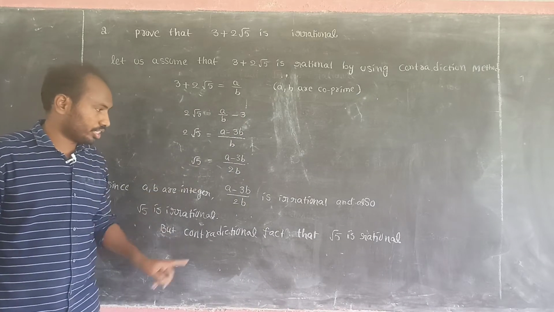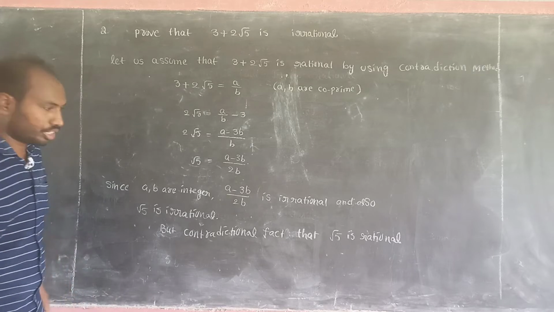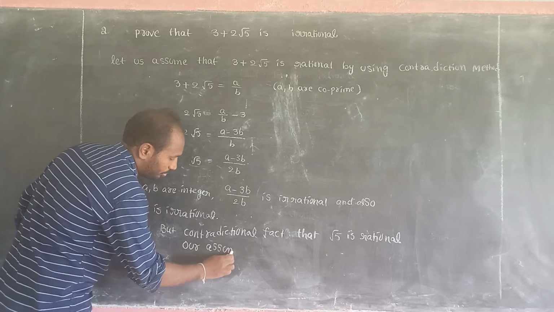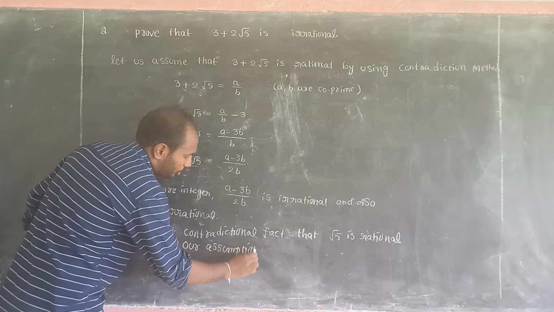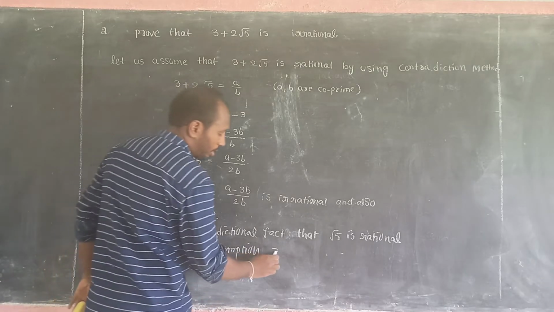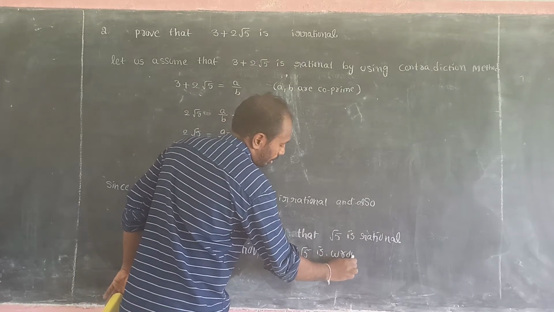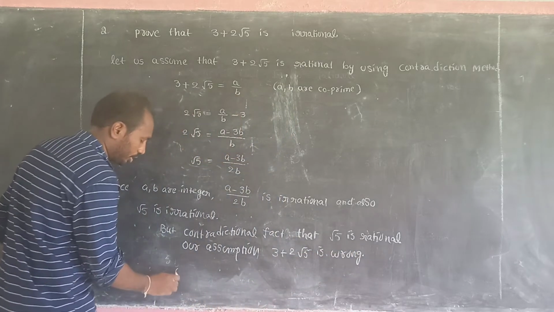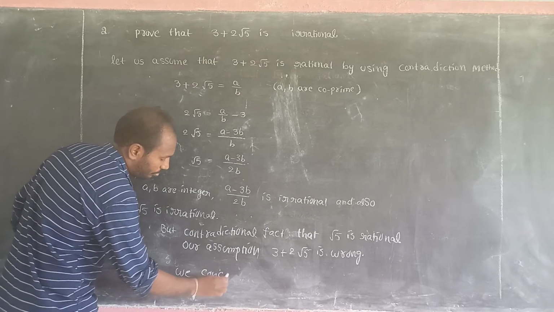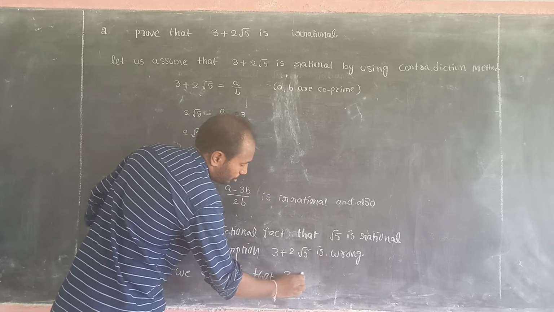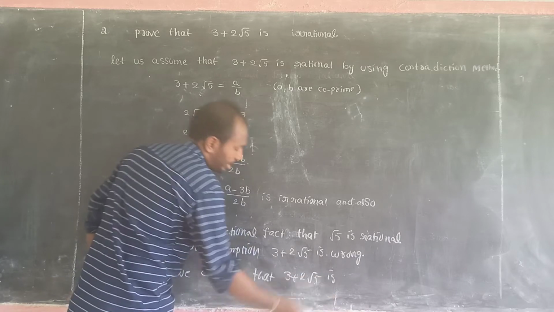Our assumption that 3 plus 2 root 5 is rational is wrong. We conclude that 3 plus 2 root 5 is irrational.